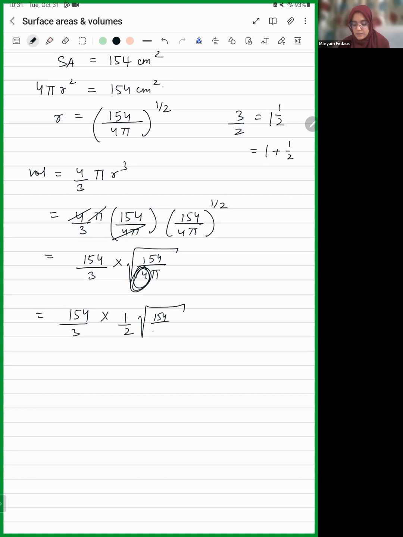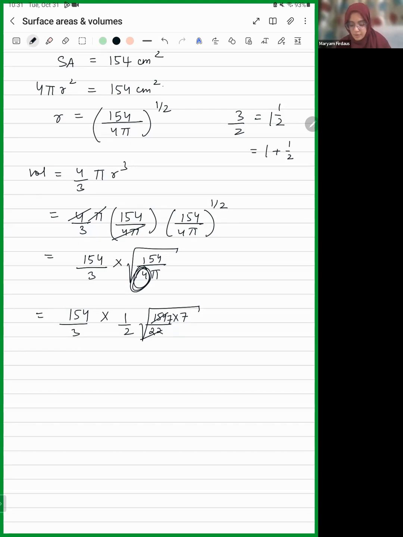Pi you can write as 22 by 7. So this 22 and this thing gets cancelled because 22 into 7 is 154.